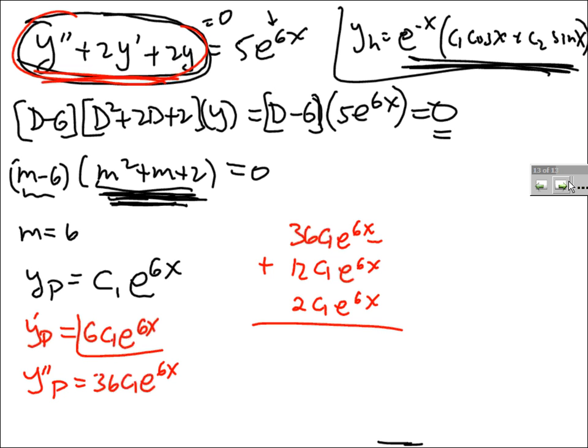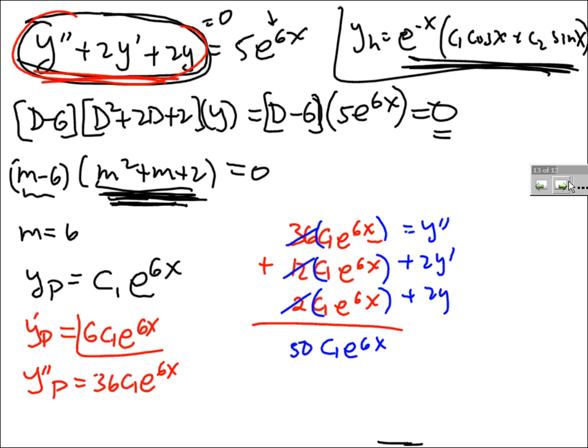So we keep adding c1 e to the 6x's. Unless we end up with 0, we're going to end up with a multiple of c1 e to the 6x. 36 plus 12 is 48, plus 2 more is 50. But this was really y double prime plus 2y prime plus 2y.